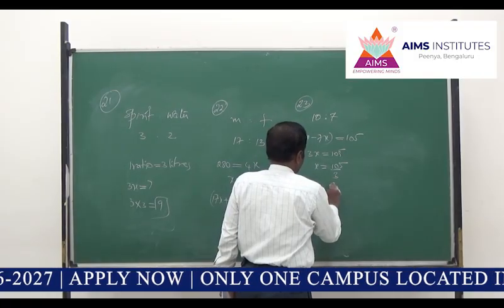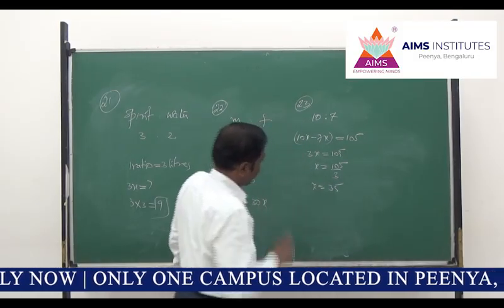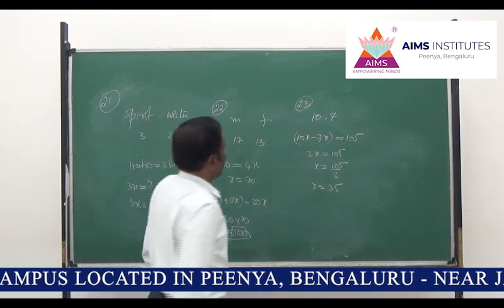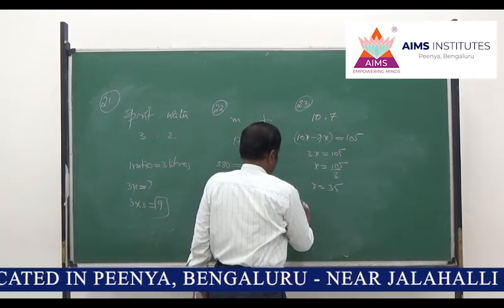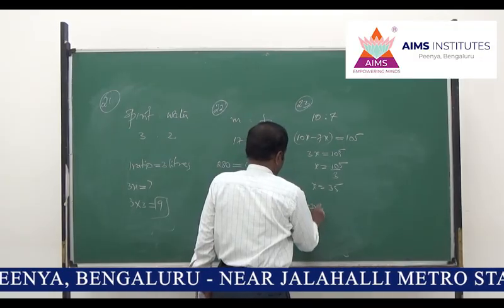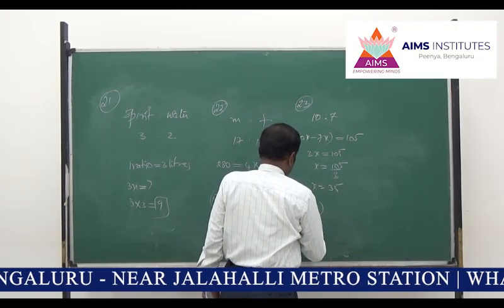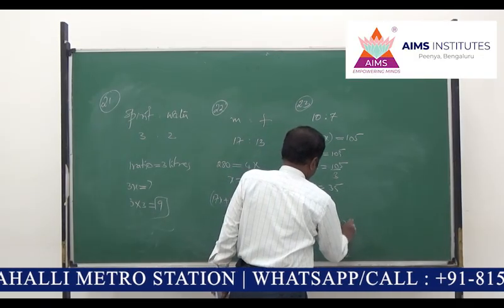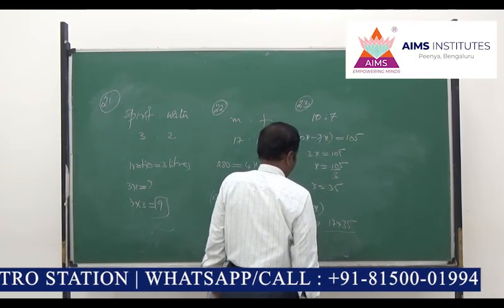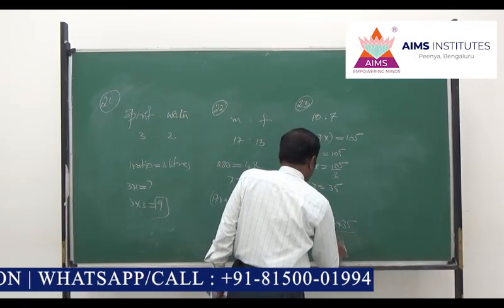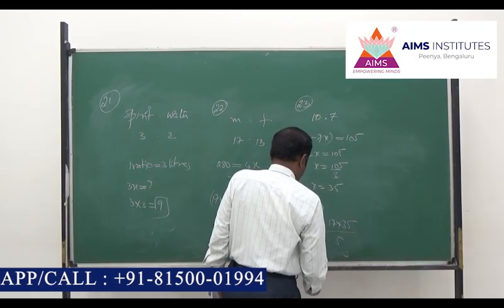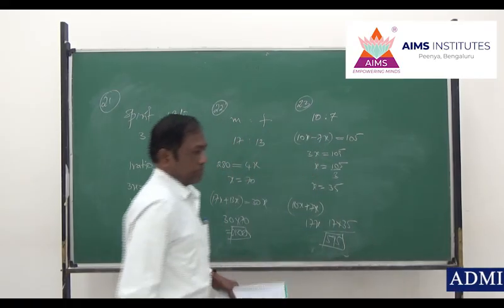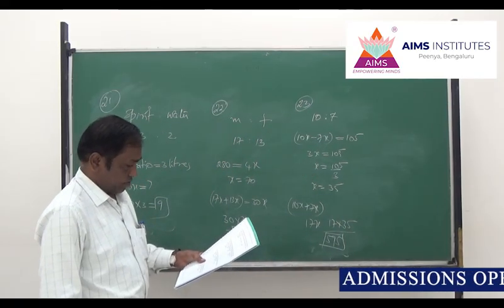So x equals 35. Okay, now the sum of the numbers is 10x plus 7x equals 17x. 17 into 35 is 595. Option A.